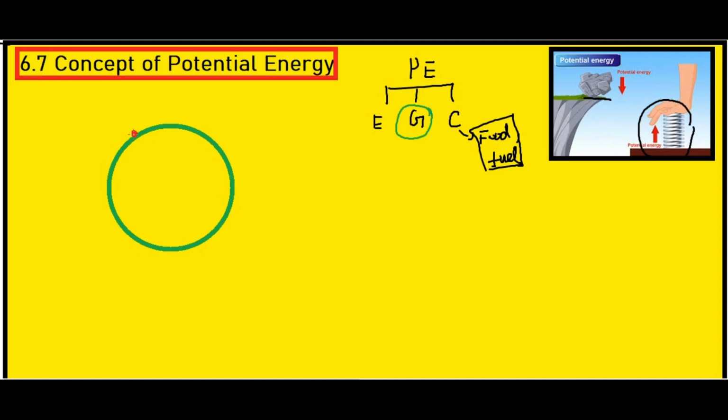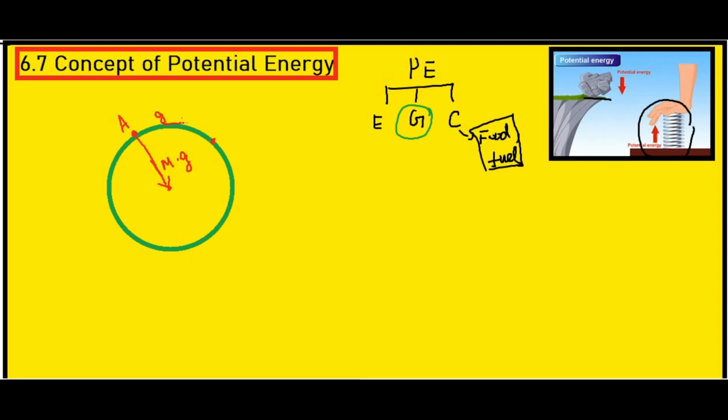So an object lies on the surface of the earth at point A. Here g is the acceleration due to gravity on the earth's surface, and the force of attraction towards the center of the earth is given by the weight of the object, which is mg, mass of the object times gravitational pull.